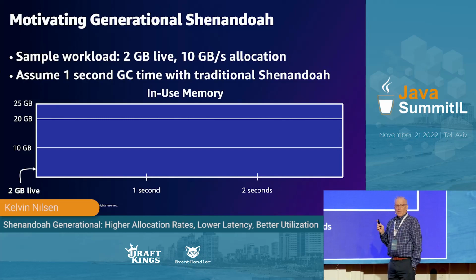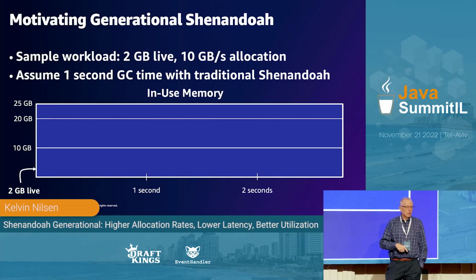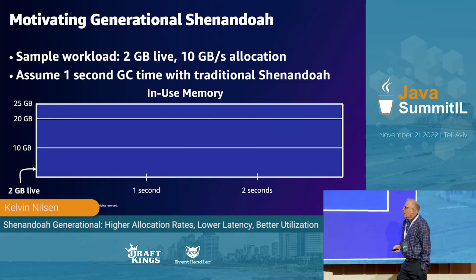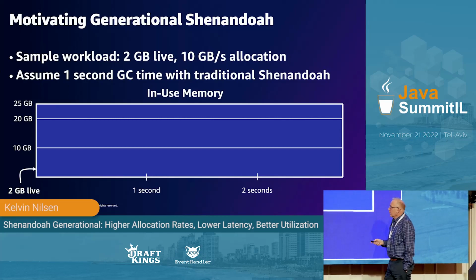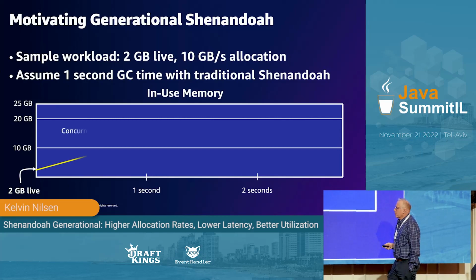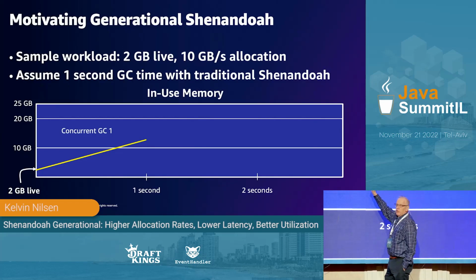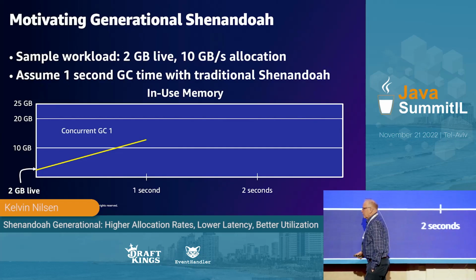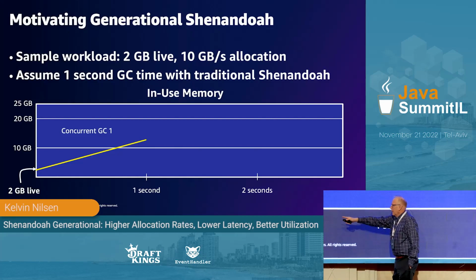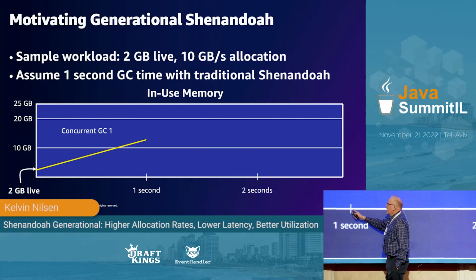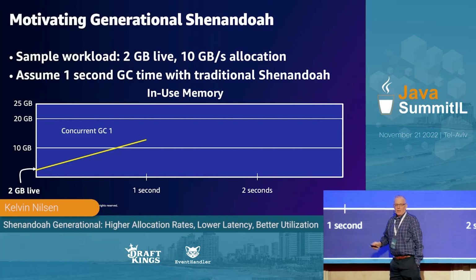And that's a big part of the reason we were driven to do this work. So what happens if it's allocating 10 gigabytes per second? I am charting the in-use memory. So if I start here at time 0 and I run for 1 second, I'm going to allocate 10 gigabytes of memory.